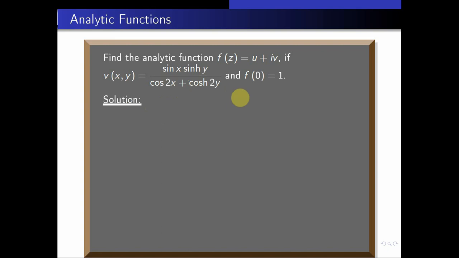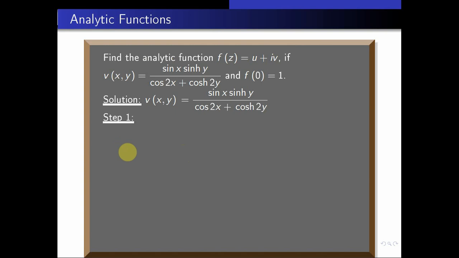This is the problem. See, they gave the imaginary part because f of z is u plus iv. I want to construct the function whose imaginary part is this. So what is given? V of x comma y is equal to sin x sinh y by cos 2x plus cosh 2y. To construct this analytic function, we are using the Milne-Thomson method. We are going to obtain the analytic function by doing two steps.